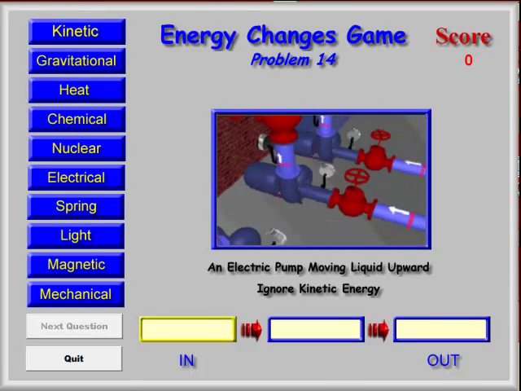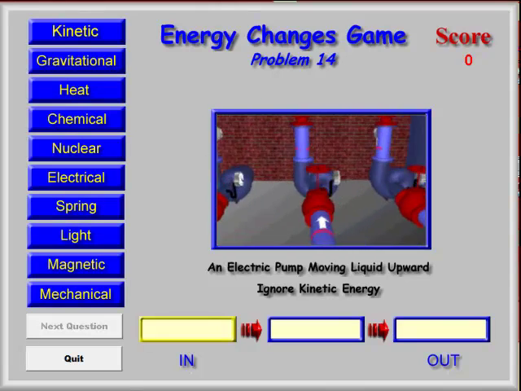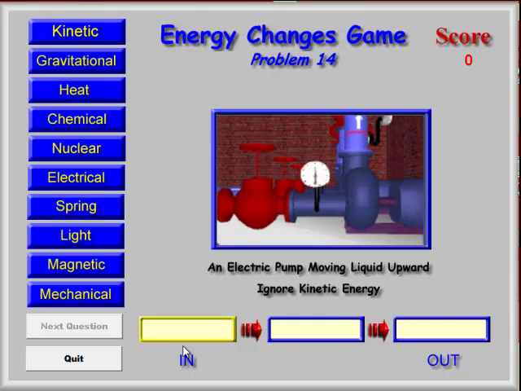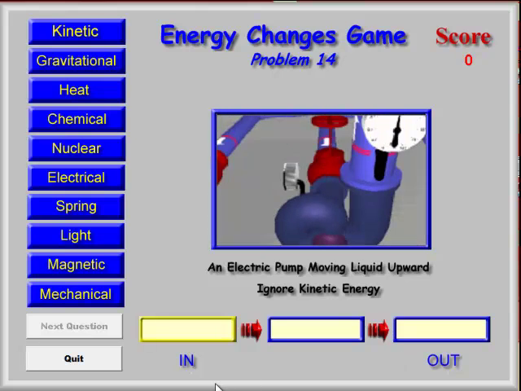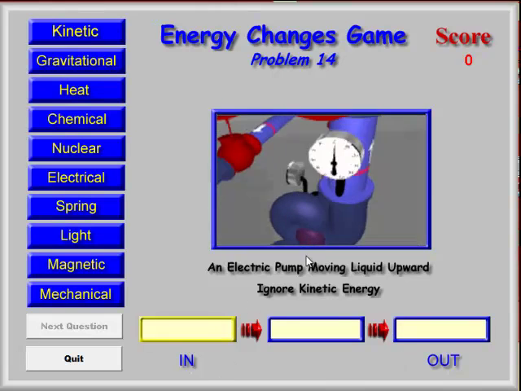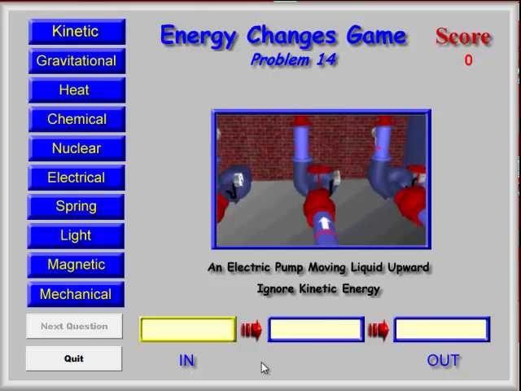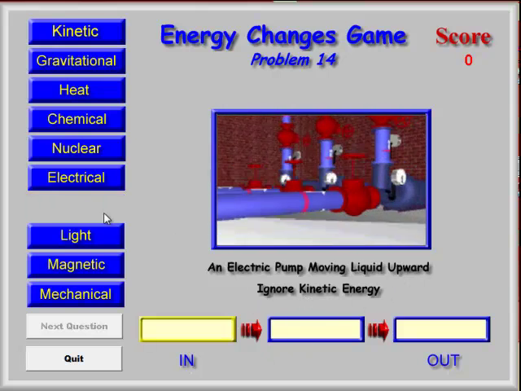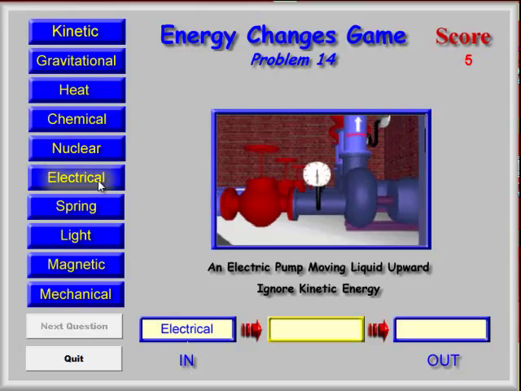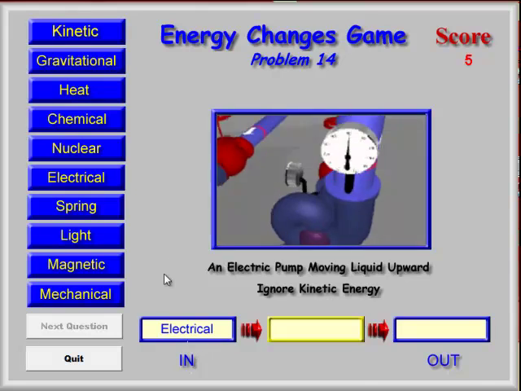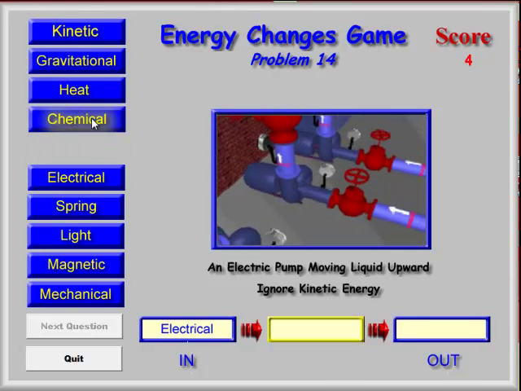As the problems go along, they get more difficult. In this case, there's more than one energy change being illustrated. We've got an electric pump moving liquid upward, and we're going to ignore the kinetic energy change. So let's see. Correct. Of course, it's the electrical input to the pump, and then the pump.